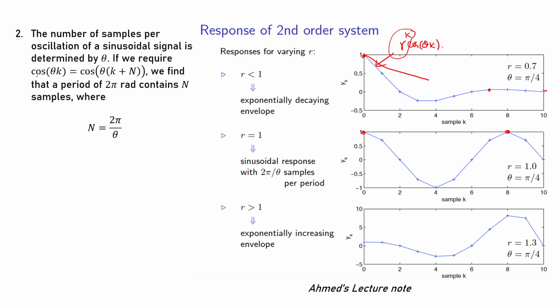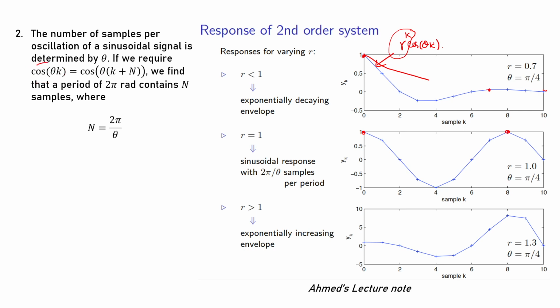Why? Because to have the condition that the peak value of this decay curve is at the peak value of the trigonometric function cosine.